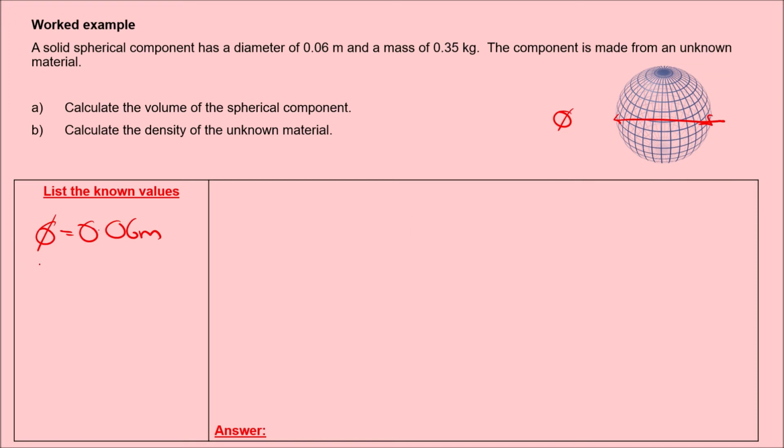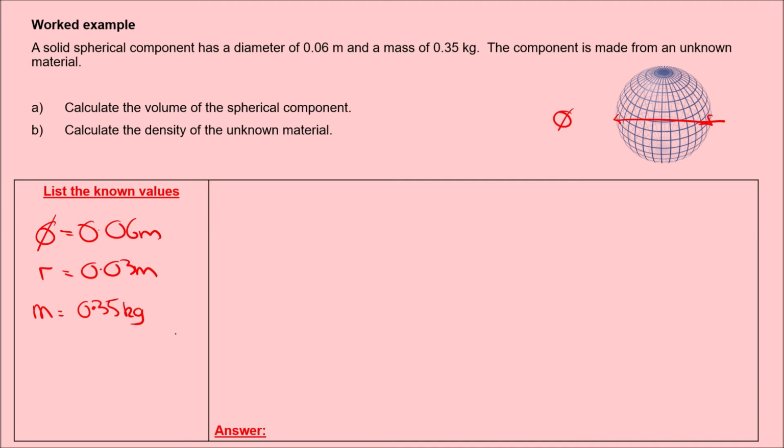Now because we know our diameter, we can then calculate our radius, and we'll write that down as well, 0.03 meters. Okay, and then we've got mass is equal to 0.35 kilograms. Okay, so two things we're calculating here. First of all, volume, and then density. It's the only way we can actually do it. We can't calculate the density of this object without knowing its volume.